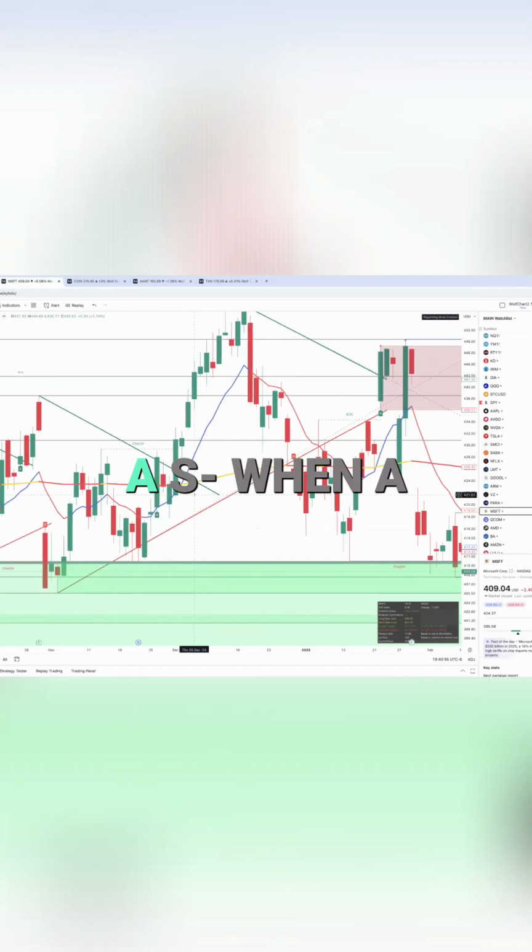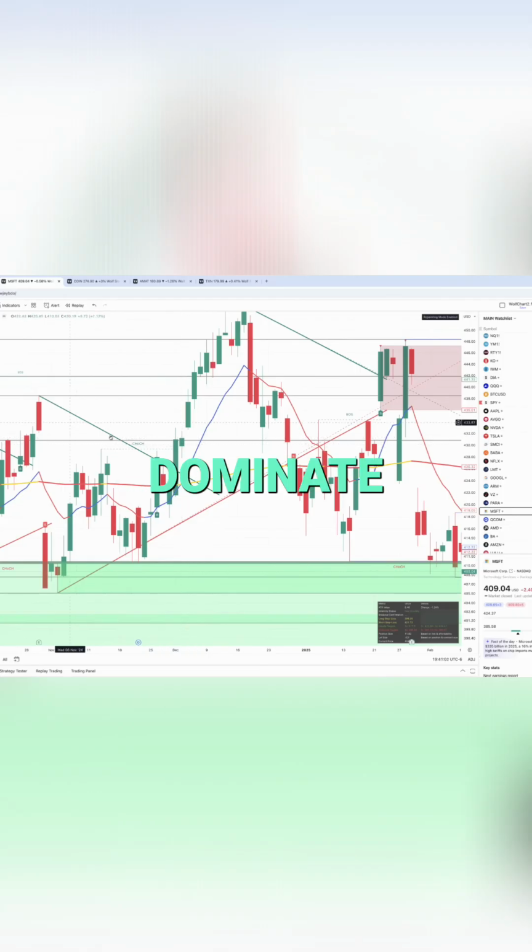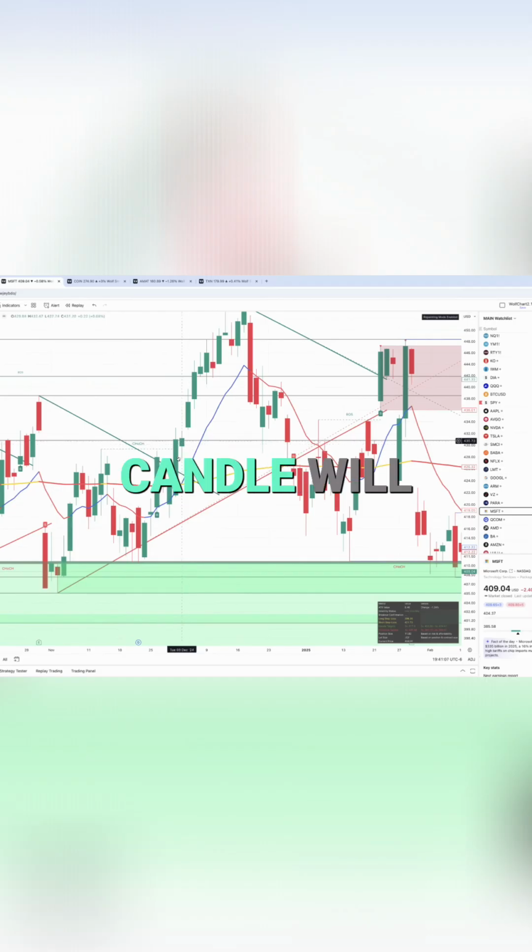But we know when the stock is about to go up because we want to see a very strong candle. We want to see a candle dominate this trend line. And we know it dominated because the wick and the body of the candle open and close above that trend line without any part of the candle touching it. So we're looking for a candle that's dominant.